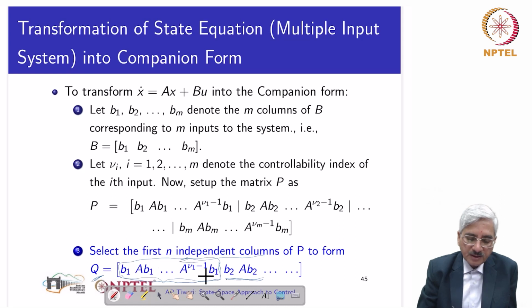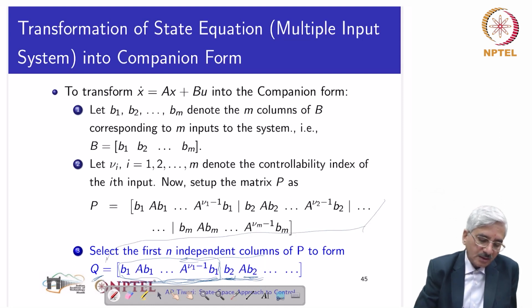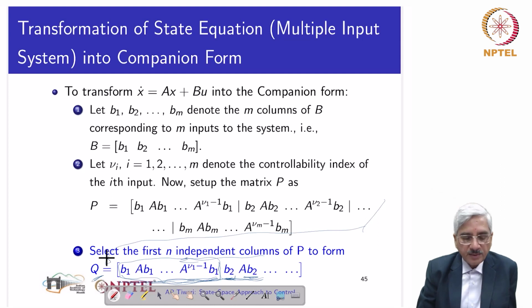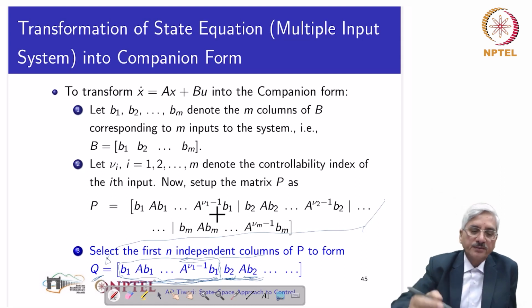So B1, AB1, etc. up to this are independent. Now B2 will be independent of this, then only we will take B2. AB2 will be independent of B2 and all preceding vectors, then we will consider it and so on. In this manner, from P, we will constitute Q, selecting the n independent columns starting from the left.